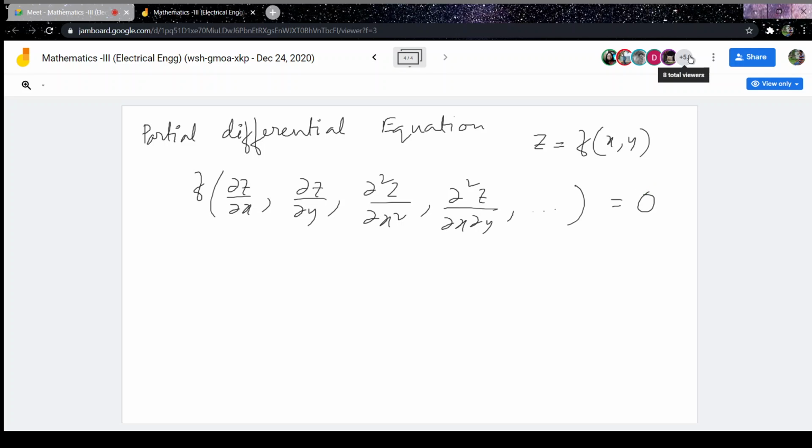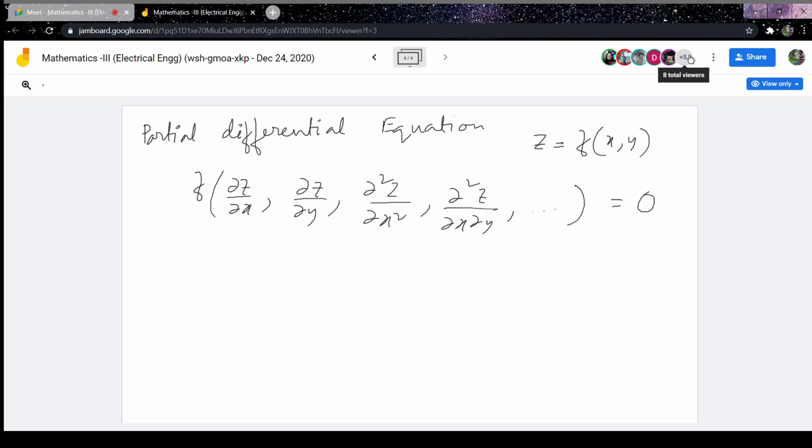Your function will contain the differentiation with respect to both the independent variables, that is ∂z/∂x, ∂z/∂y, maybe second order, maybe some higher order. So this will be your general form.